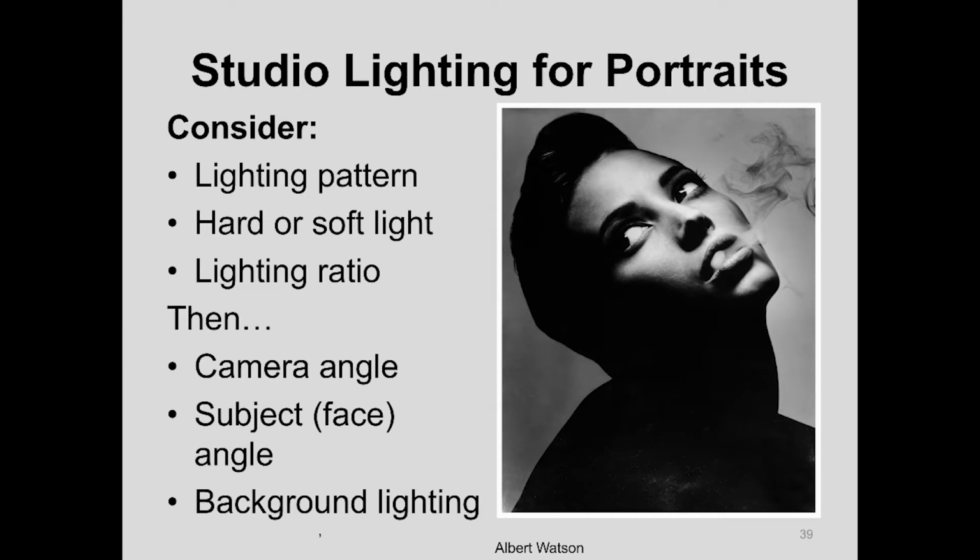Then think about what is the appropriate camera angle for your subject. With larger people, once again, if you're wanting that more flattering portrait, a higher camera angle that is above eye level will result in an image which gives the illusion of slimming down the face. It also diminishes the under chin and neck area.